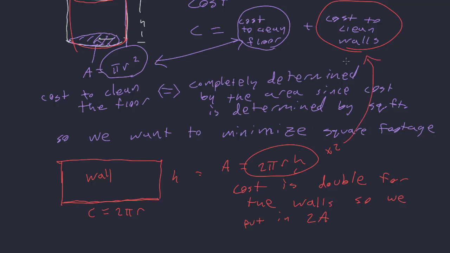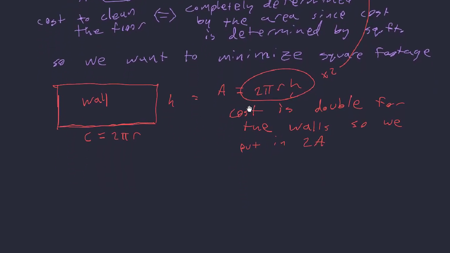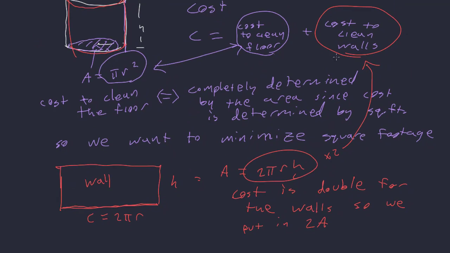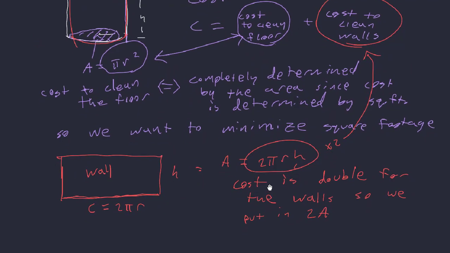We could also do it just by itself and then divide the floor by 2, because you could think of it as taking the cost of the walls and then dividing it by 2 for the cost of the floor. In either case, we don't really know what that cost is. We're just giving ourselves an abstract representation.